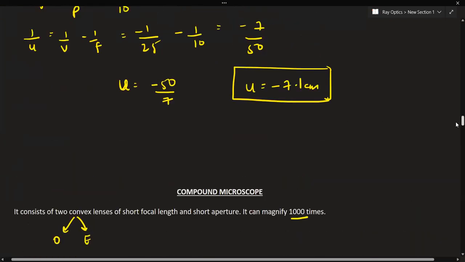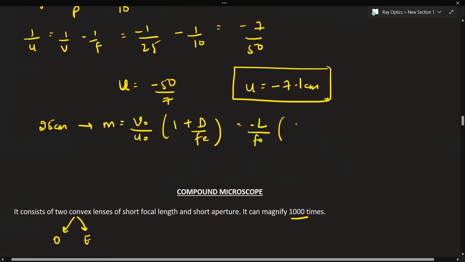See, for compound microscope, if the image is formed at 25 centimeter, means least distance of distinct vision, then your magnification is V naught divided by U naught times 1 plus capital D by FE, which can also be written as minus L by F naught times 1 plus D by FE. These are the two formulas that you have to remember whenever you are revising optical instruments.